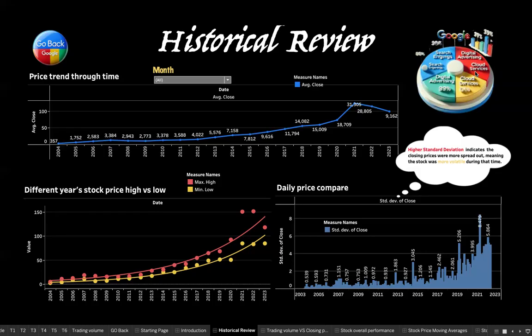A large standard deviation means that the stock price is more volatile at that time, which implies a higher risk, while a small standard deviation means that the stock price is relatively stable. We can see that there have been large fluctuations in 2013, 2015, 2019, and 2021, with the rest of the years being relatively stable. And in the left corner, this graph shows the different years' stock price high versus low.